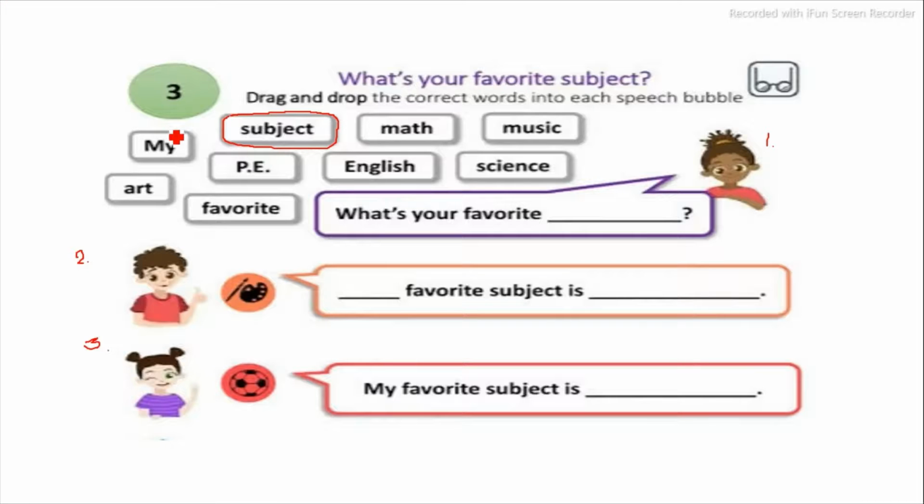So it'll be my favorite subject is. What do you think his favorite subject is? It is a picture of a paint and a paint brush. So his favorite subject is art.